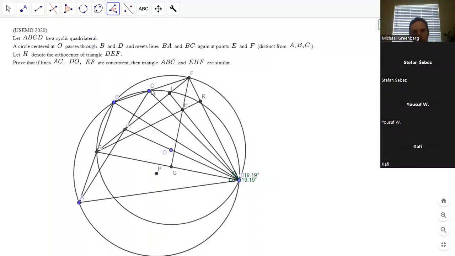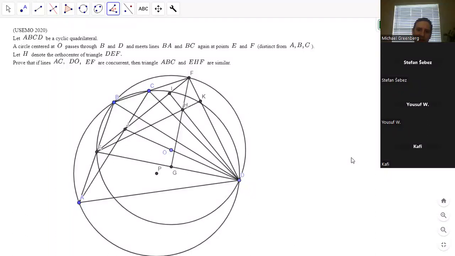Let me see if you have that point, EF intersection AC, yeah, then DJ and DB should be isogonal in angle ADF also. DJ and DB. Yeah, okay, that's by isogonal line lemma.